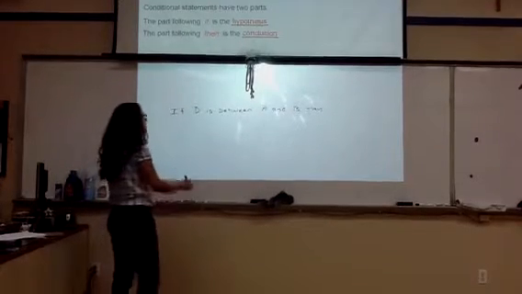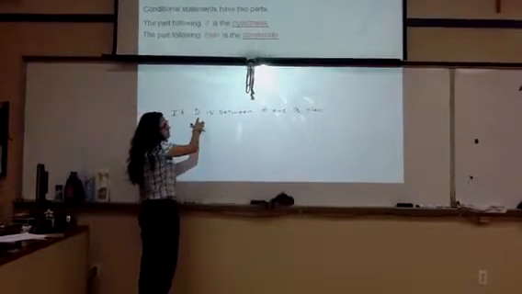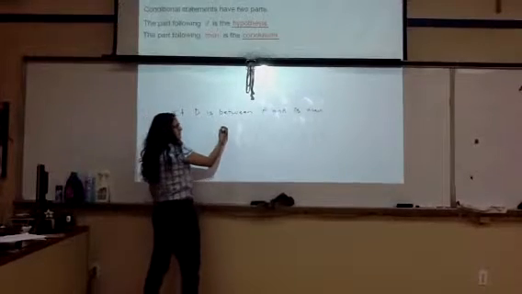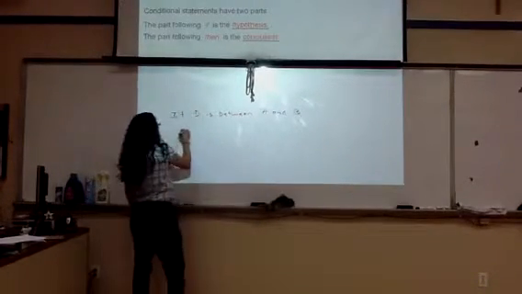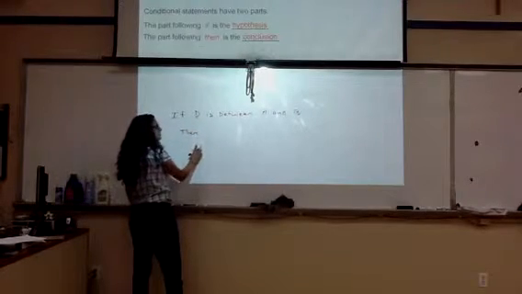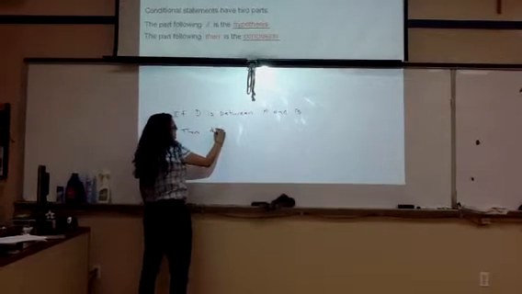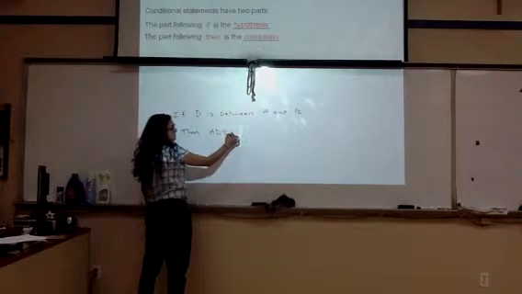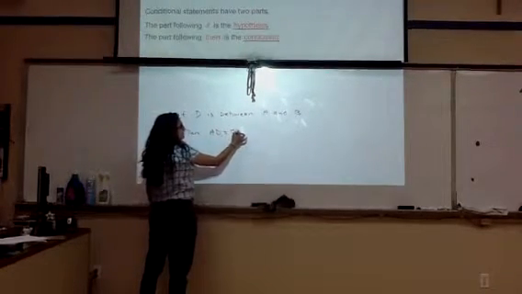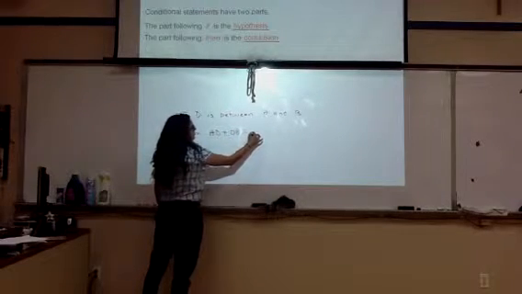So if D is between A and B, how can we write that? Then AD plus DB equals AB.